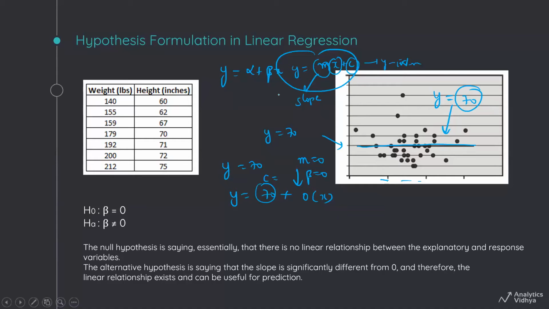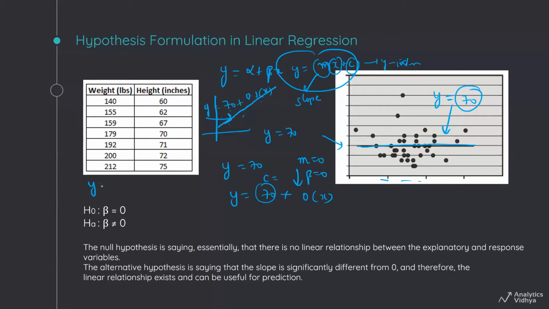Suppose, taking the trend into consideration, my regression model, with certain optimization techniques at play, comes up with an equation which will try to generalize the behavior of predicting the height with respect to weight. Suppose this is the line the model has come up with, which is say y equals 70 plus 0.1 times the x value.